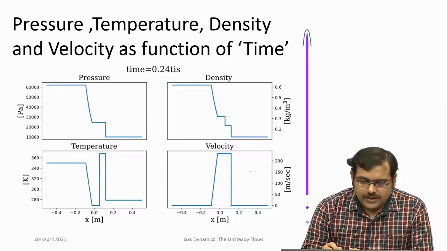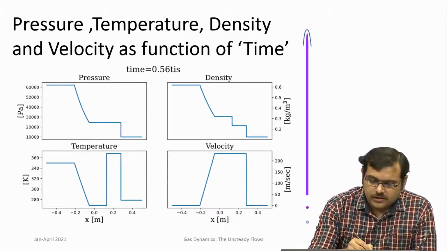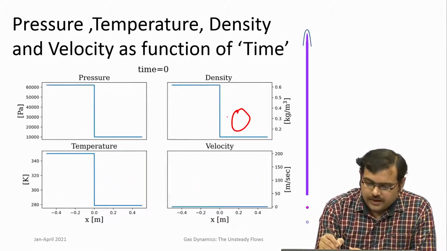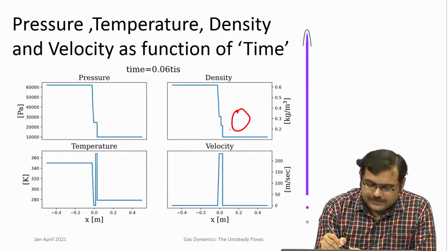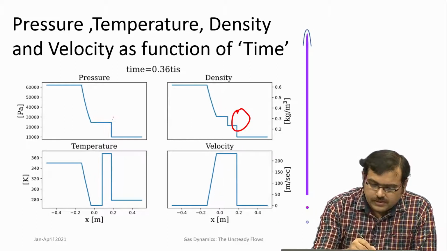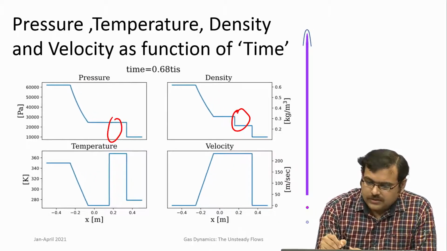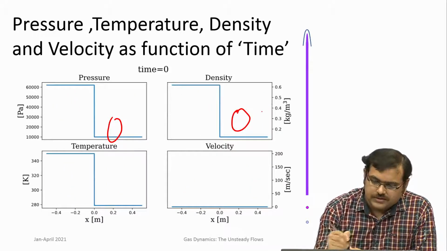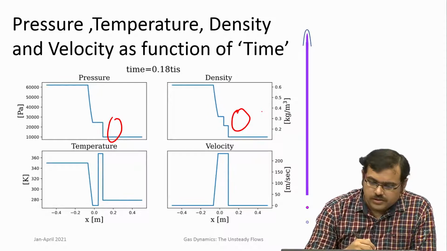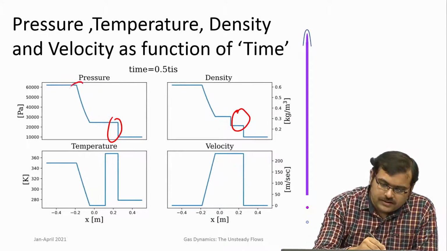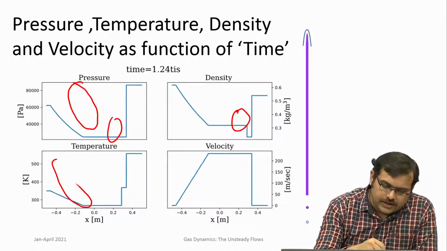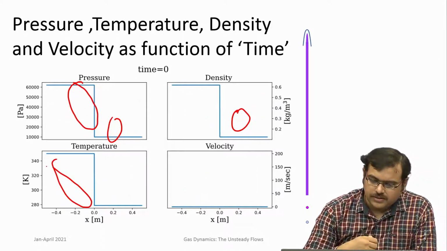Okay, so in time as it goes you can observe the shock is moving, you have the contact discontinuity here and then the reflected shock. This is the primary shock, this is the contact discontinuity and the reflected shock, and you should also observe that the expansion fans are very gradual. So they gradually change the pressure and temperature.